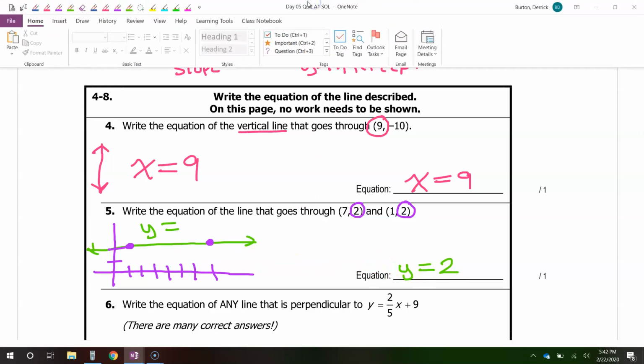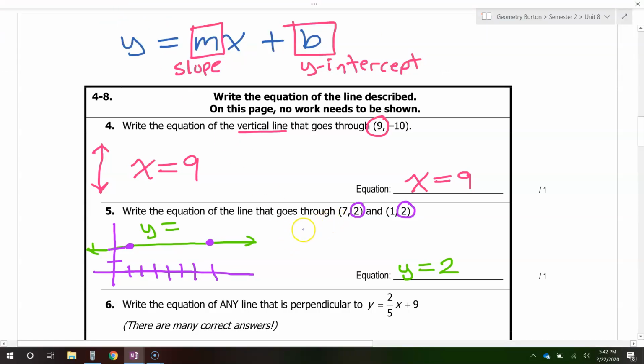Now, let's say you didn't notice that the y values were the same, and you just said to yourself, well, I know I'm going to need the slope. The slope is y2 minus y1 over x2 minus x1. Let's say you did this.